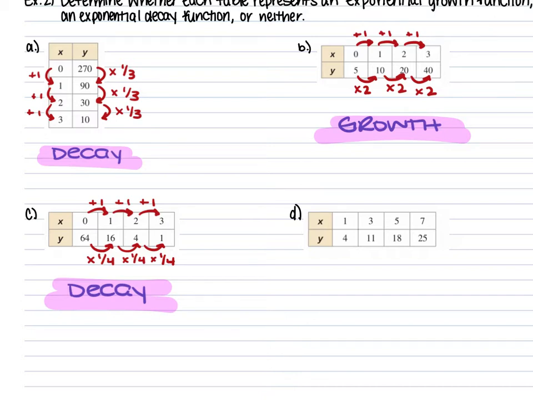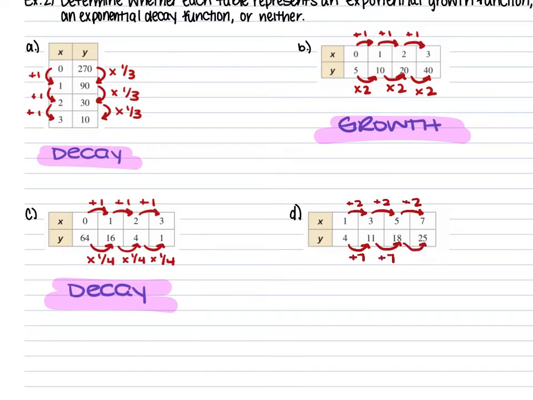For example D, from 1 to 3, you're going up by 2. From 3 to 5, you go up by 2. From 5 to 7, you go up by 2. For your y values, from 4 to 11, you can add 7. From 11 to 18, you can add 7.